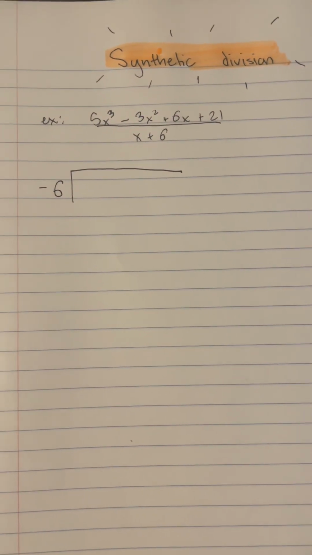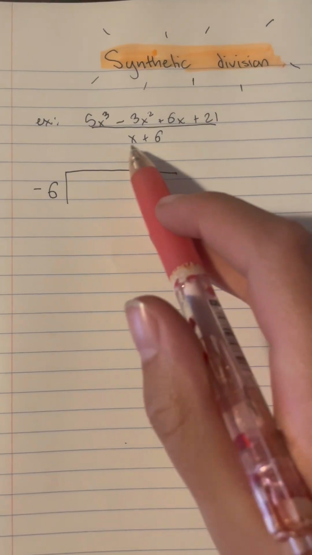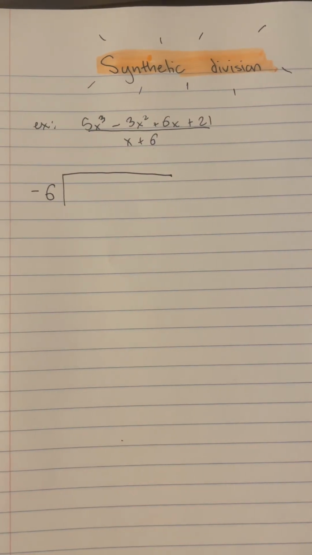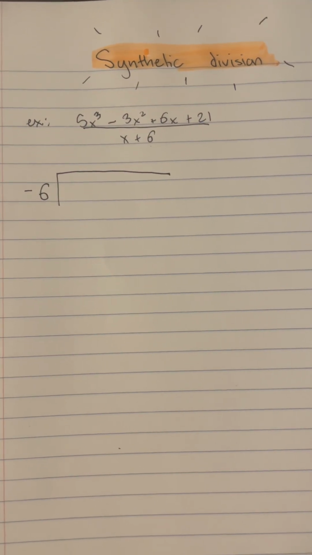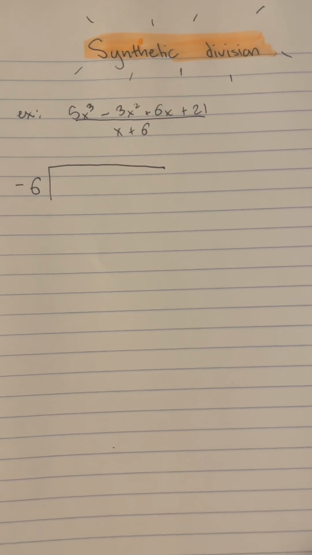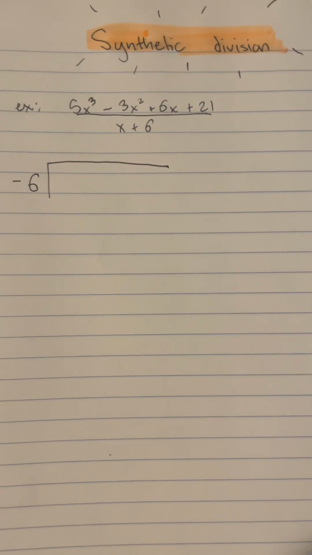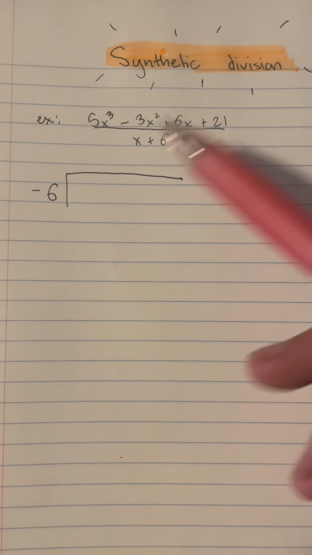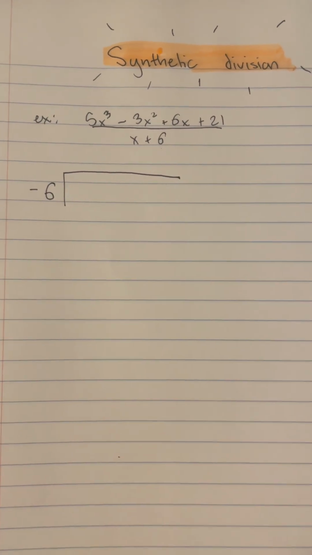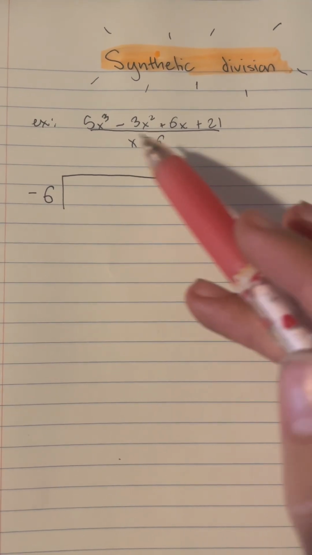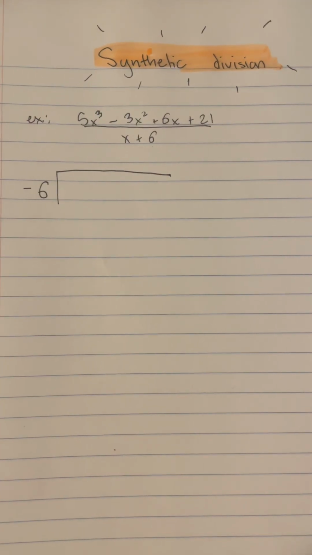We're going to place it outside of our half box. This also explains why the divisor has to be of first degree, because if it was of second or third degree, it could have many possible roots, so you wouldn't know which value to put here. So it's important that your denominator is of first degree. It only has one root.